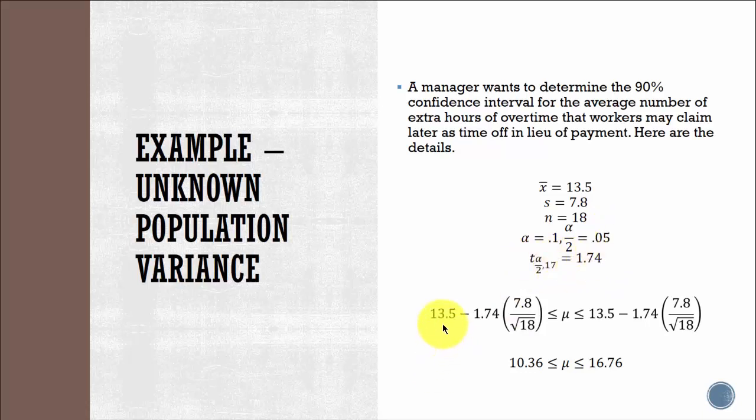So X bar is 13.5 minus 1.74 times the sample standard deviation divided by the square root of the number of observations. So what we know is that even though the sample average is 13.5 hours, the population mean, or the average number of extra hours worked by the workers within the population, varies between 10.4 hours and 16.8 hours.